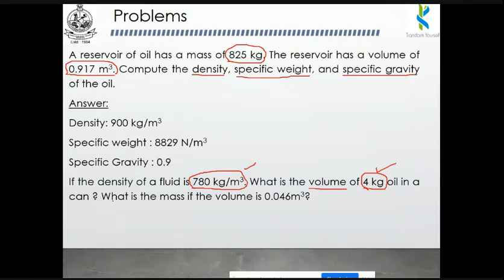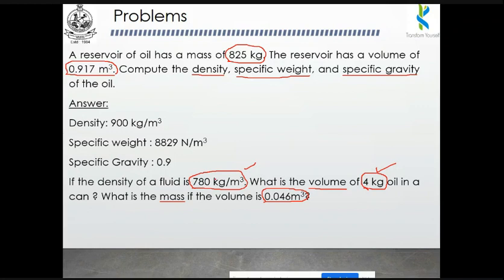The second one is: what is the mass if the volume is 0.046 meter cube? In this second question, we have to find the mass, and the volume is available. In my first question, we have to find the volume and the mass is available. But here we have to find the mass and the volume is available.